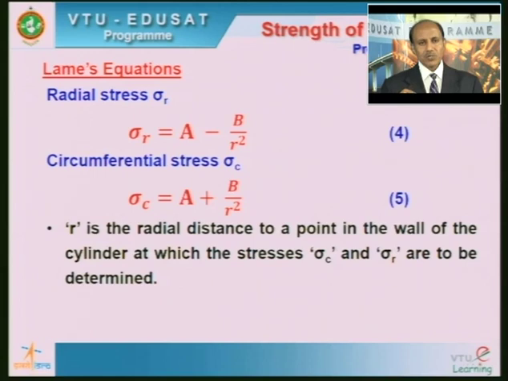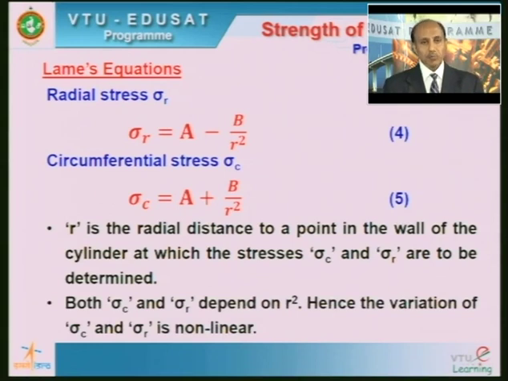It is the distance to any point in the wall of the cylinder where we are trying to calculate the stress, and the radial distance varies from small a, the radius of the internal surface, to small b, the radius of the outer surface. So R always varies from a to b, and as R changes, both sigma R, the radial stress, and sigma C change.